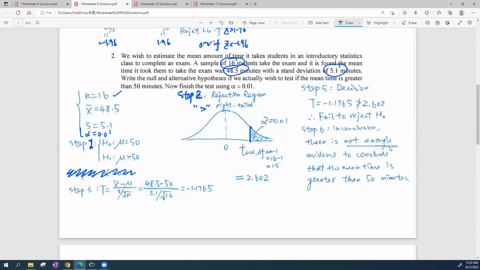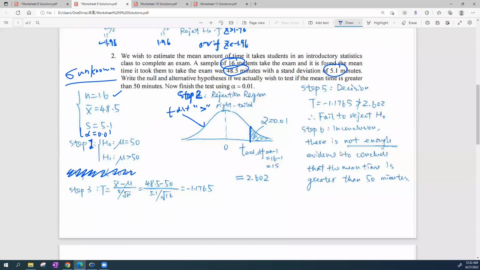So this is t sub 0.01. And I think I said that wrong. This is not a standard normal. This is a T distribution because sigma is unknown. So we got a T distribution.